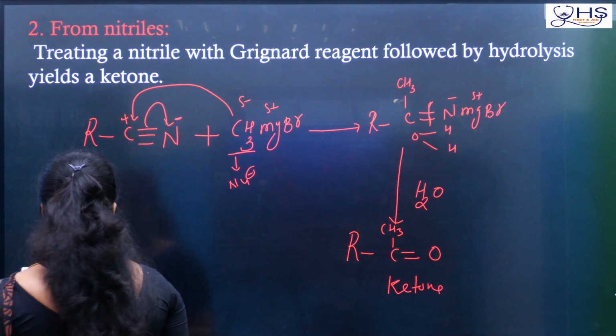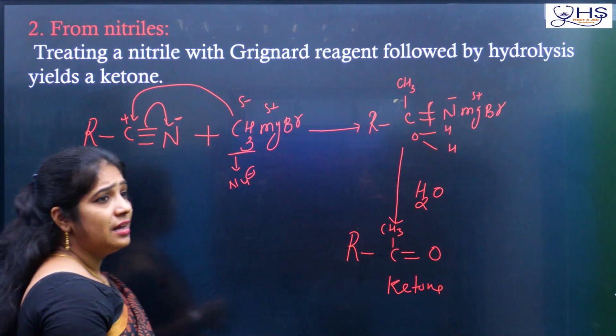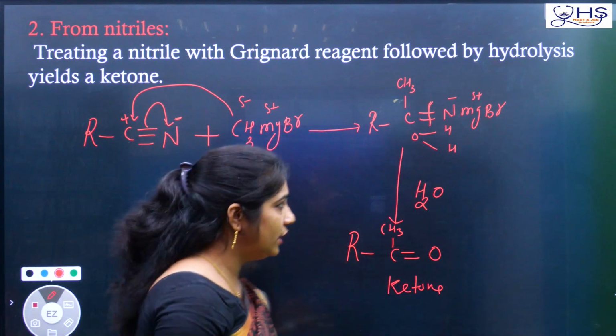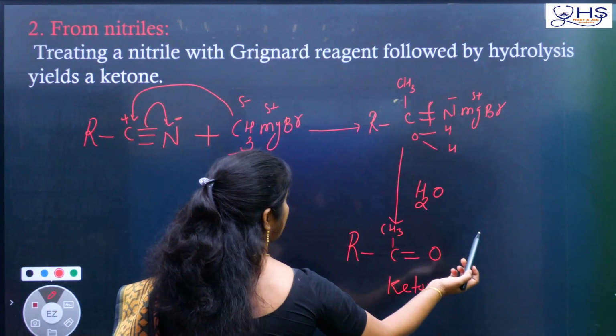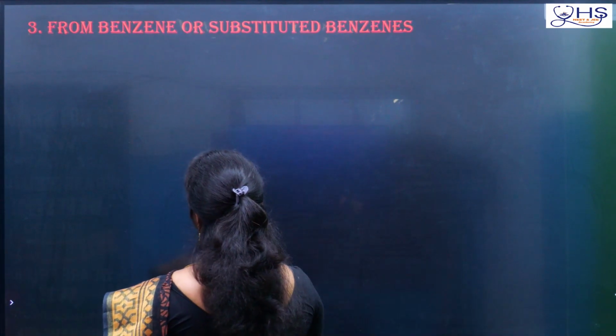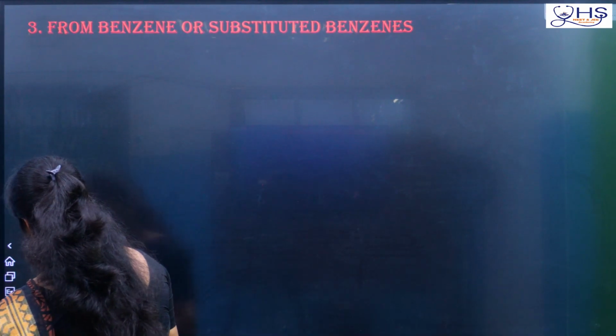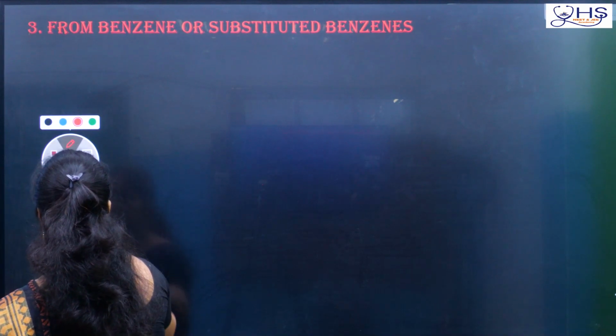Now one more method, the last method, is acylation of benzene. You can do acylation of benzene. Like previously we have done something similar, but previously we took formyl chloride; here we will take the acyl chloride.